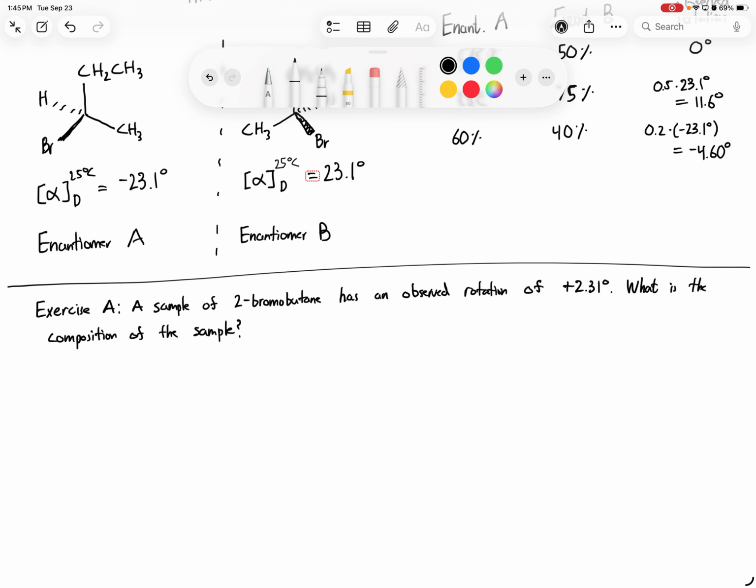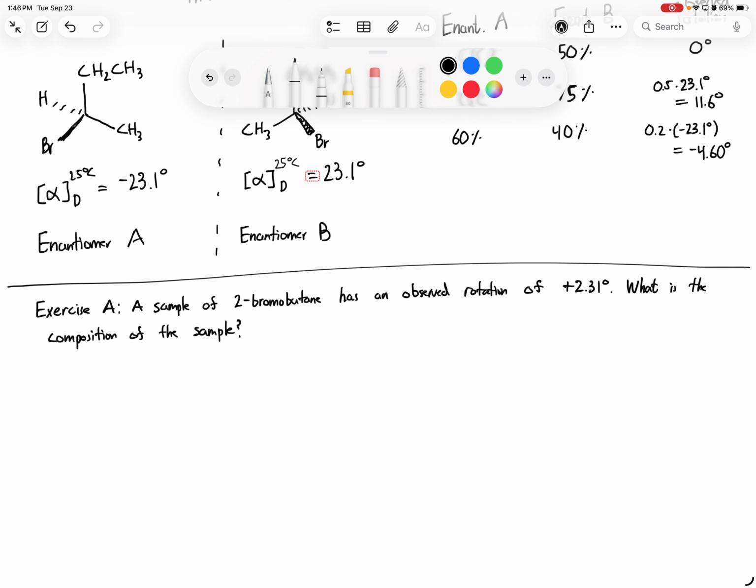B. So what's the value for the specific rotation for B? 23.1. Now, we divide and multiply this by 100, and we'll figure out what percent excess we have. So what percent is that? 10%. So we have 10% excess of B.